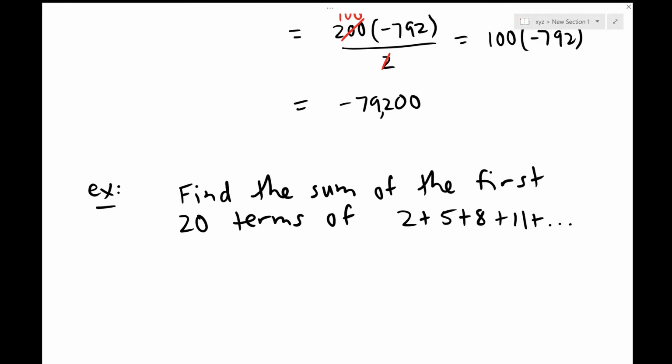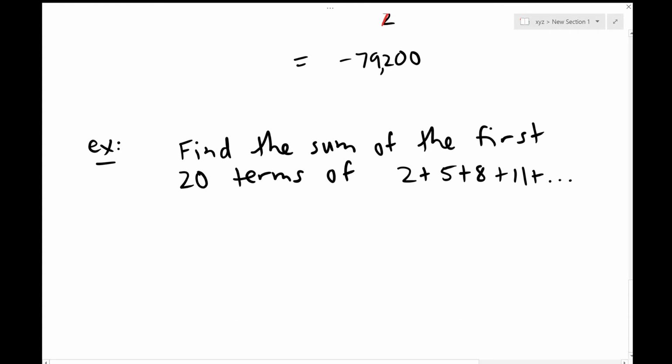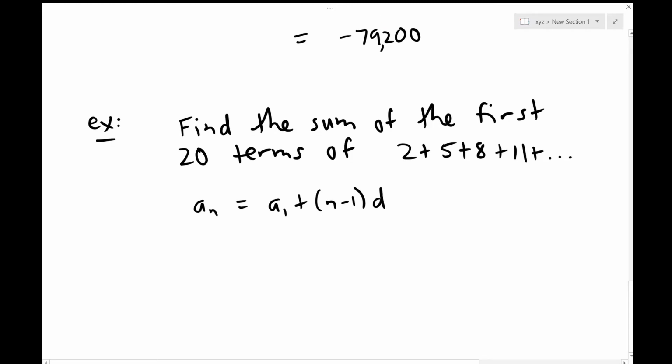Well, we can see that the first term, of course, is 2. But if we're going to calculate the sum here using the formula that we've been working with, then we're going to need to know what the 20th term is. And so what that means is that we're going to need to find an expression for a sub n first. So looking at the actual terms, thinking of them as a sequence, this is arithmetic, so we can write it using the formula for arithmetic sequences that we saw earlier, which was a sub 1 plus n minus 1 times d.